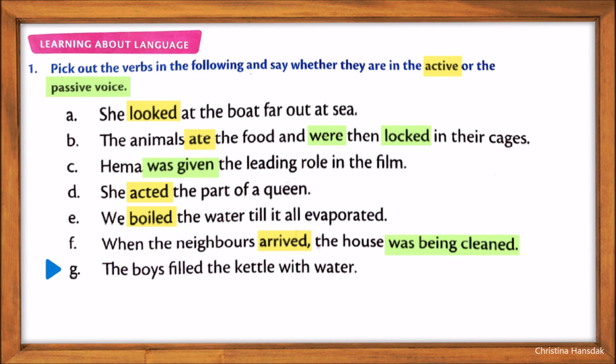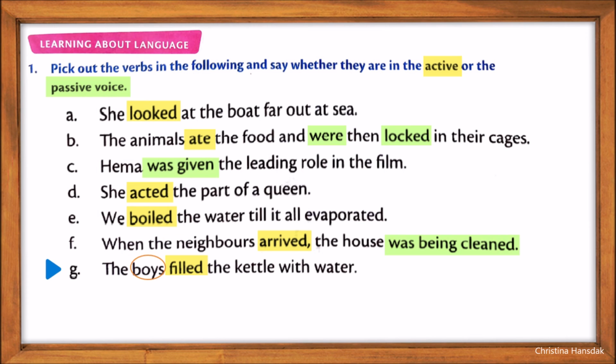Now, step into the last sentence. That is sentence number G. The boys filled the kettle with water. In this sentence, filled is our verb, isn't it? And the subject, boys, is doing some action.